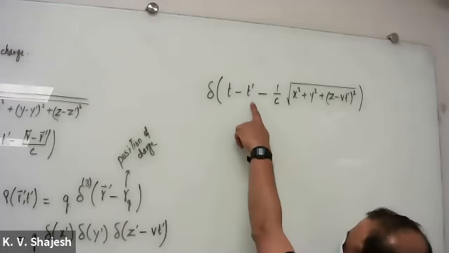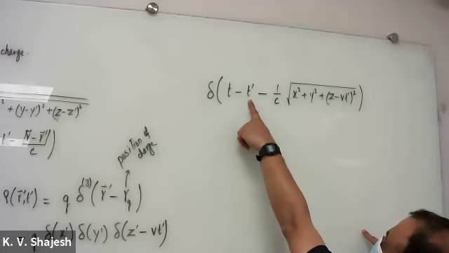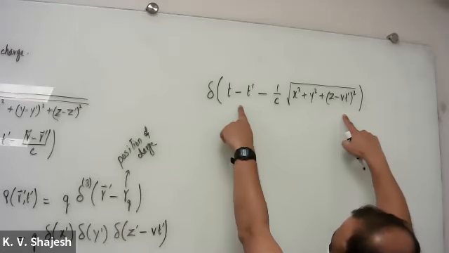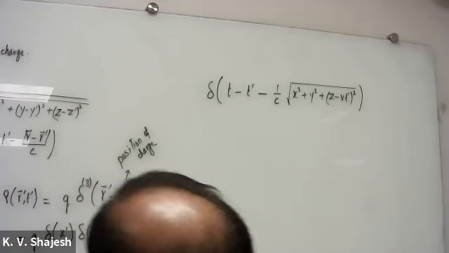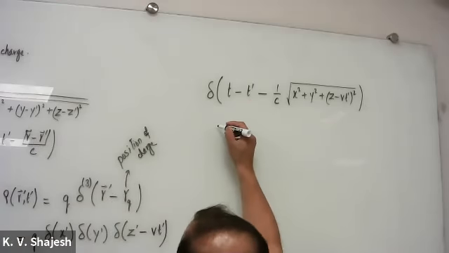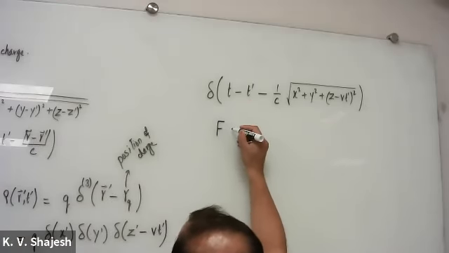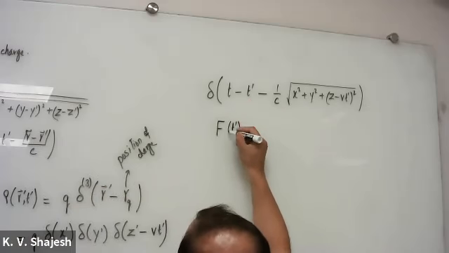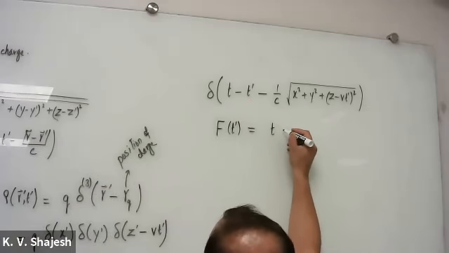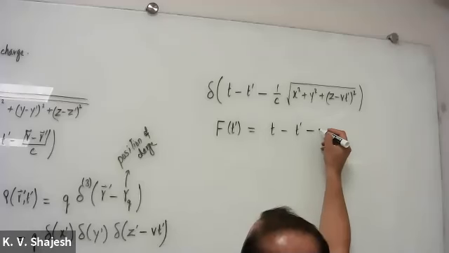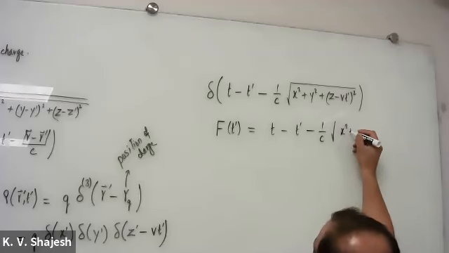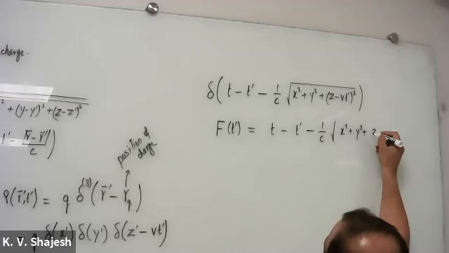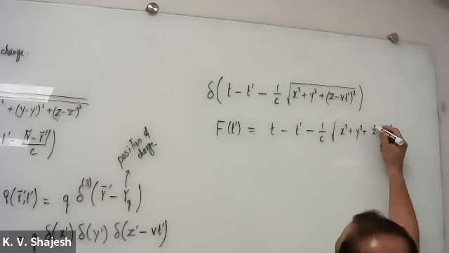Notice that if there was t prime appearing only here, then it was easy because that would have contributed only in one place. It is linear, we know when it is 0. But this is like a function. So let me define a function f of t prime, which is t minus t prime minus 1 over c square root of x squared plus y squared plus z minus vt prime.